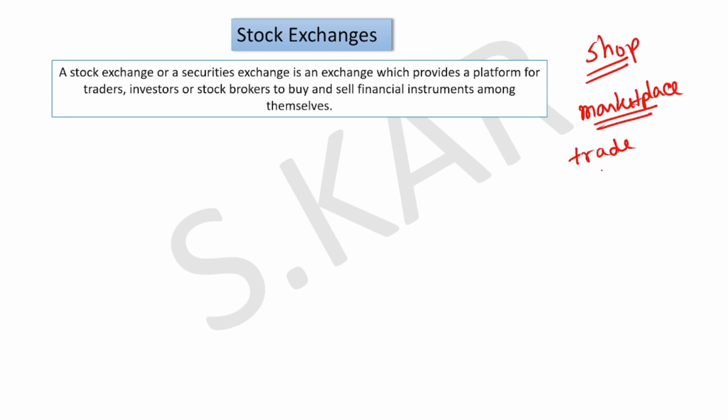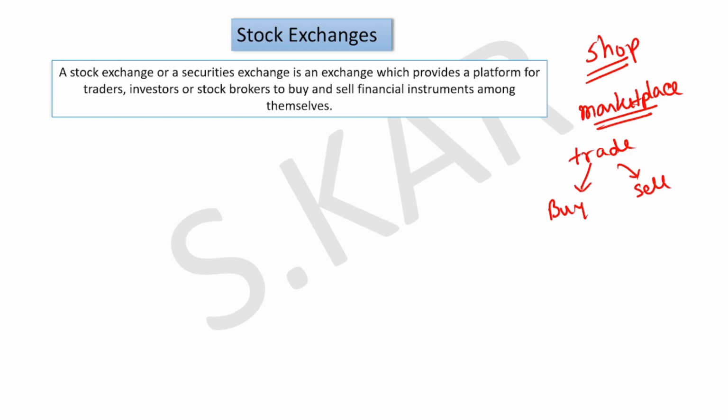What do I mean by trade? That is, you can buy or you can sell. What do you buy and sell? You buy and sell financial instruments like shares, derivatives, etc. So it is like the shop from where you buy and sell.